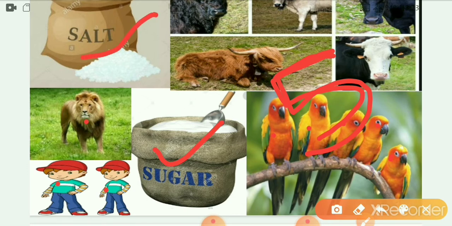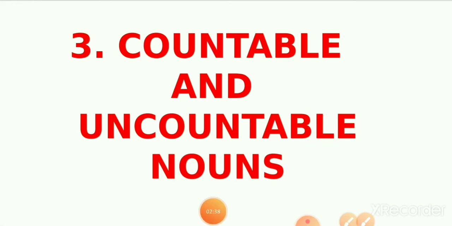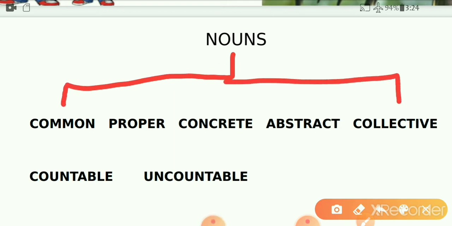So today's topic you can guess very well. Today's topic is countable and uncountable nouns. You know about nouns? Here, as you can see, nouns are divided into 5 types: common, proper, concrete, abstract, and collective.